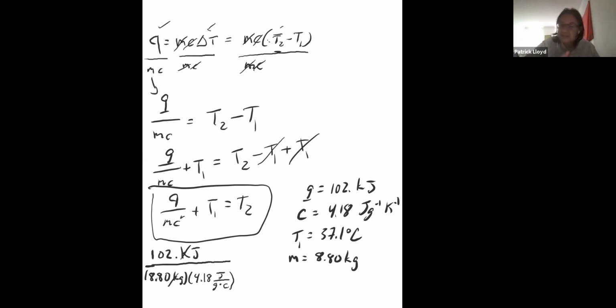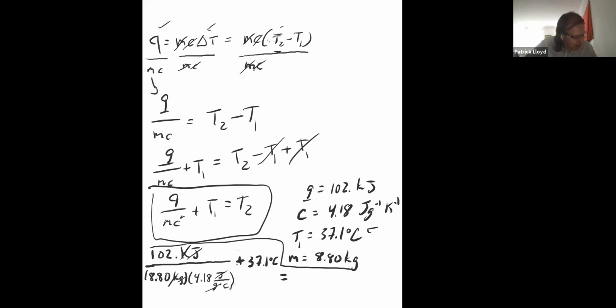I'm going to put Celsius, it's the same. The specific heat capacity is the same in either unit. So now some of these units are going to cancel. The joules cancel, the grams cancel. And then you've got 1 divided by 1 over Celsius, which is Celsius. Now you can just add your 37.1, and that'll give you your final answer.